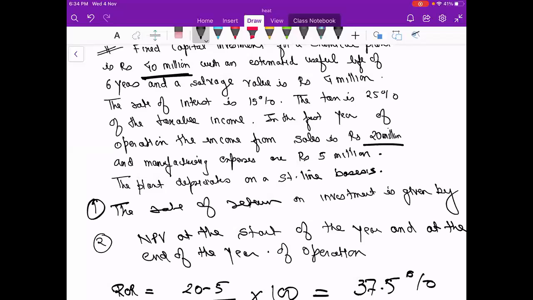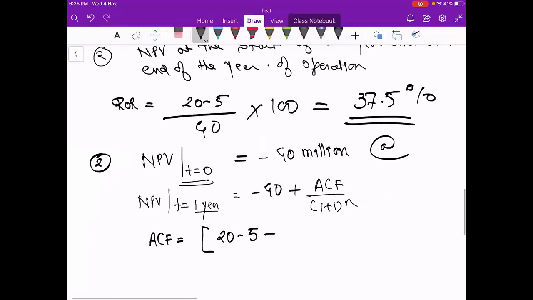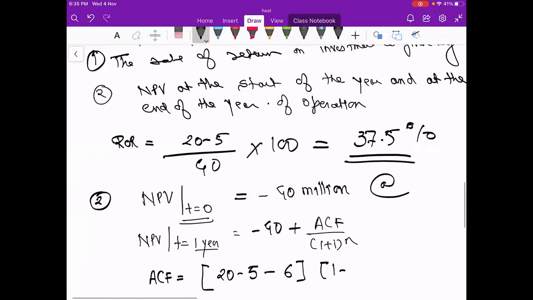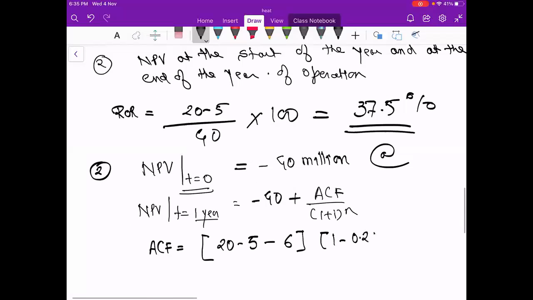Okay, so depreciation amount is 6. So it will be 1 minus 5, and what is the rate of income tax? It is 25%. So 1 minus 0.25 plus D, which means plus 6.